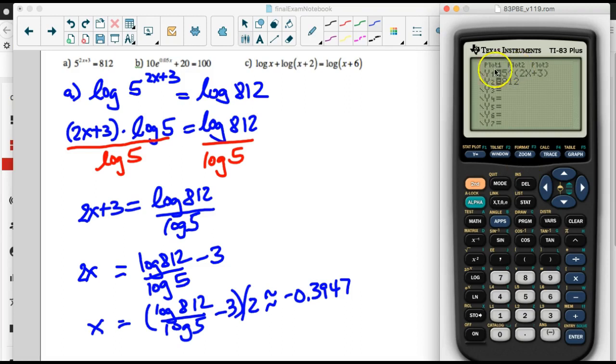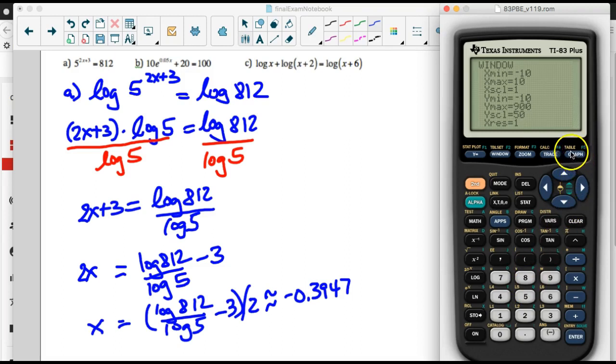Now this y equals 812 is a horizontal line at 812, so we've got to make sure the window at least goes up to 812. Right now the window goes up to 10, so we need to raise this number to at least 812. I'm going to go up to 900, and I'm going to go by 50 for each mark, so we don't have too many marks.